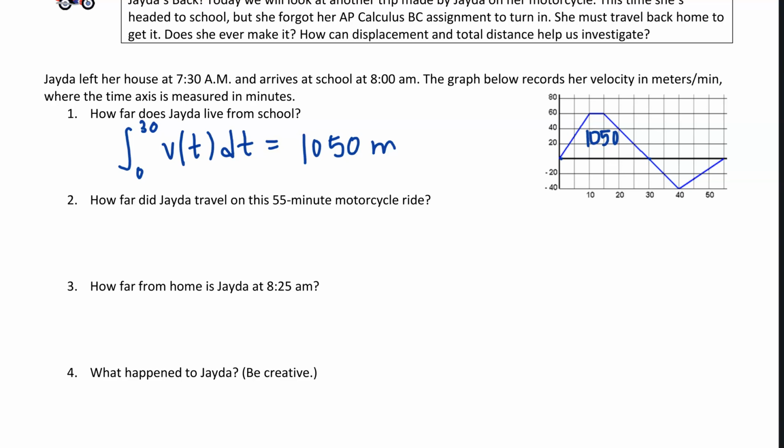Okay, how far did Jada travel on this 55-minute motorcycle ride? So the total distance that she traveled. So what am I looking for here? I'm looking for how far she traveled, from 0 to, what, 60? But the absolute value of that. Oh, 55, I'm sorry.